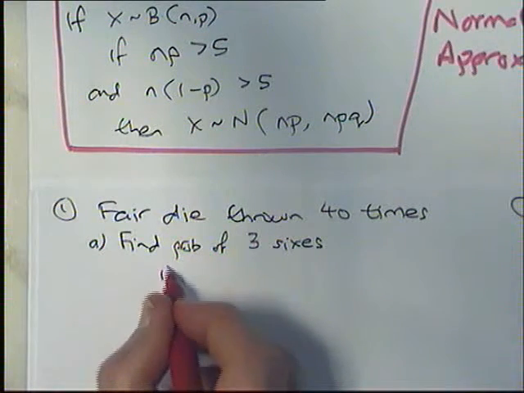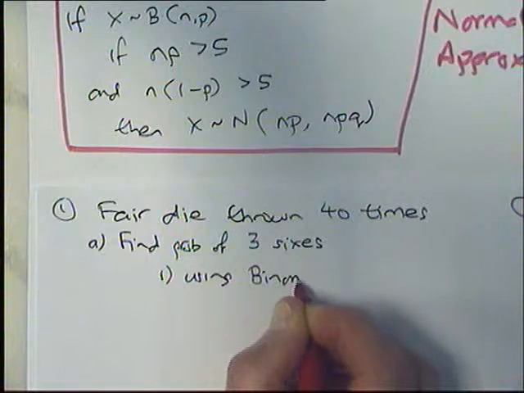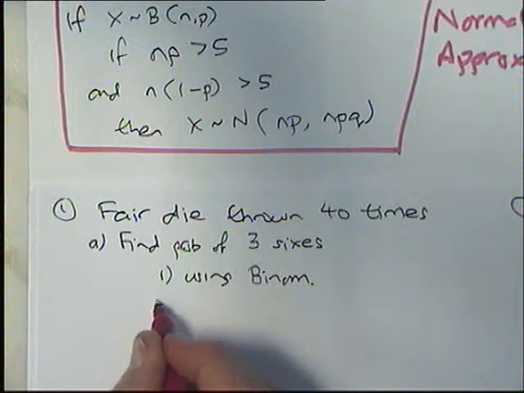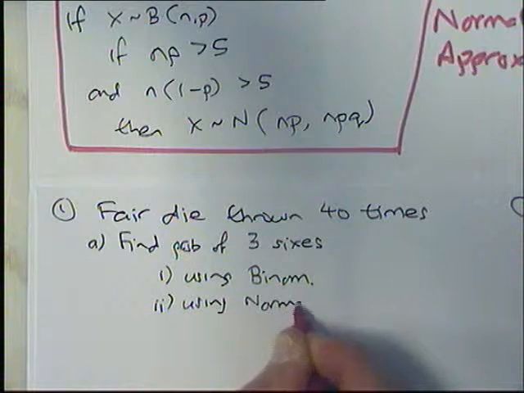We're going to do that the first time round using the binomial, and the second time round we're going to use the normal approximation, just to compare our answers.